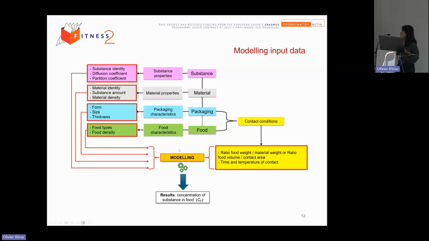If we have all of the data, we can launch modeling, and we will obtain the concentration of the substance in food.